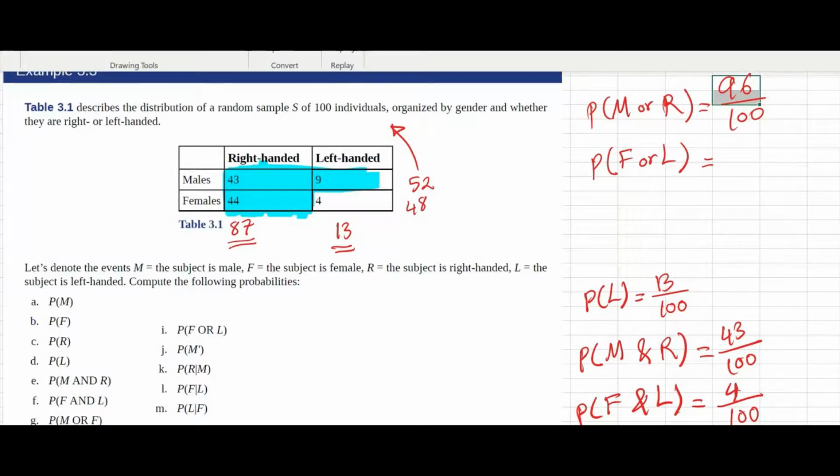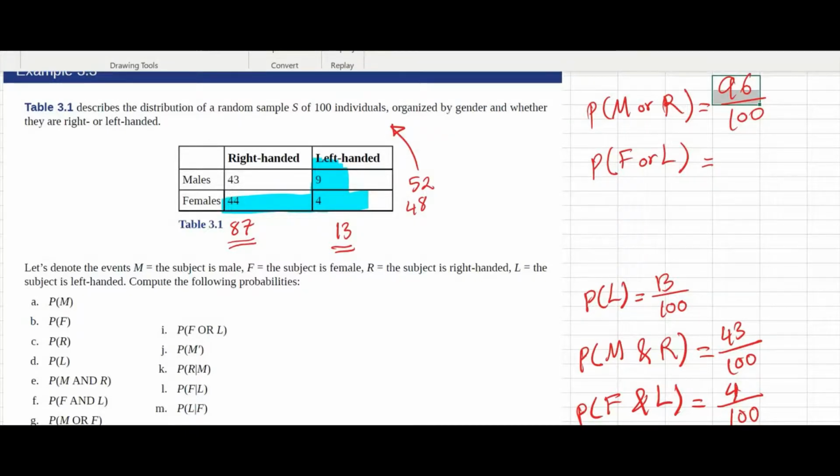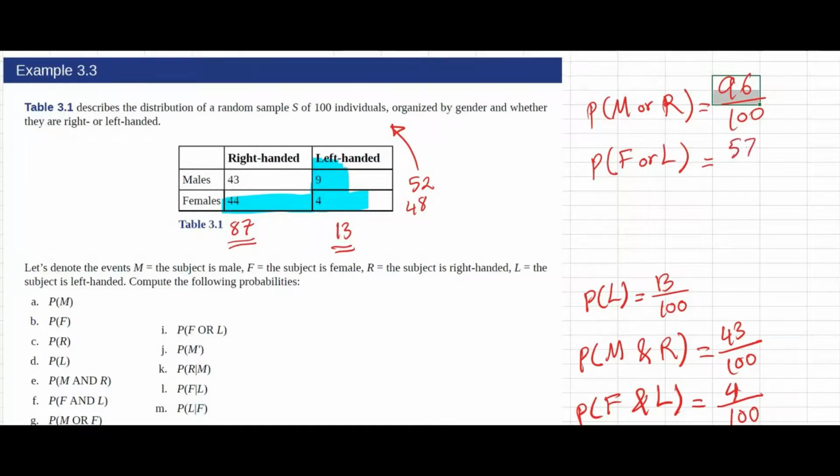So let me highlight the group. So I'm looking at all of the females or the left-handed people, including the females. So I'm not going to repeat the 4 twice because I will be double counting. In this case, this will be 9 plus 4, 13 plus 44, which is 57. So I have 57 subjects or individuals in that group out of the 100 to choose from.